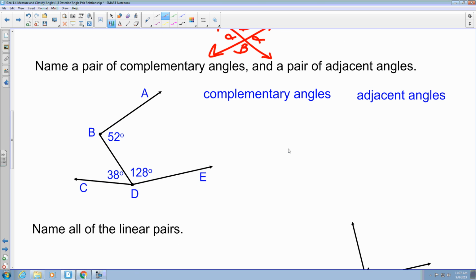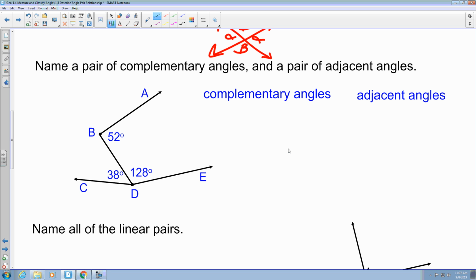All right. So we have a series of angles with measurements given to us. They're asking us to name the pair of complementary angles and a pair of adjacent angles.